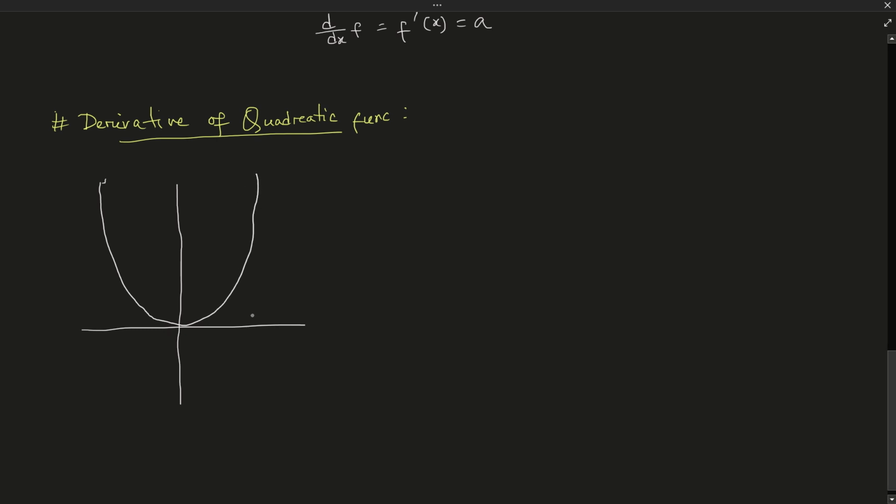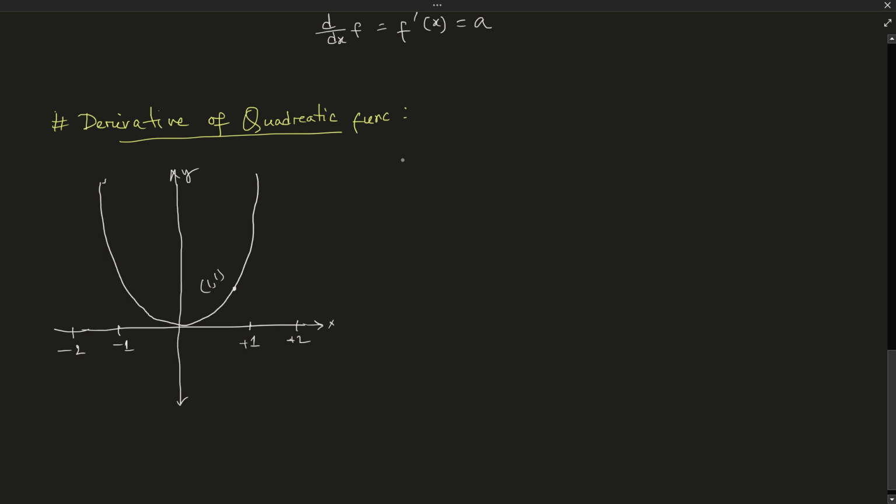So this side is basically the positive side, and this is our negative side, and this is y, and this is basically x. Suppose we have a point here, that is, suppose we have 1 comma 1.